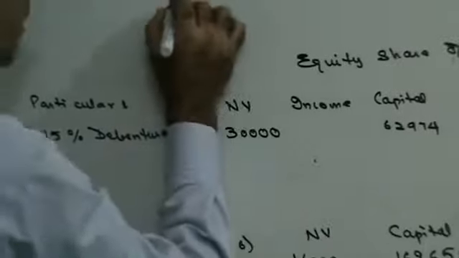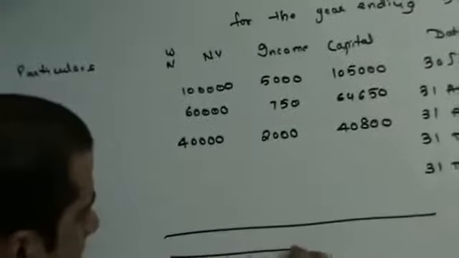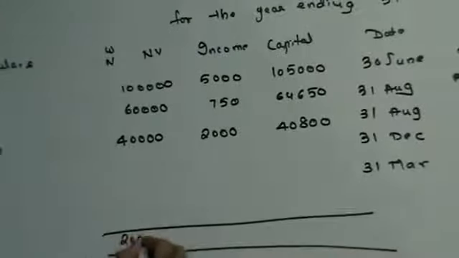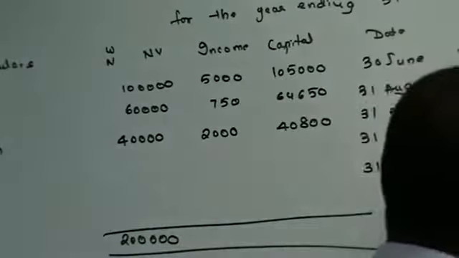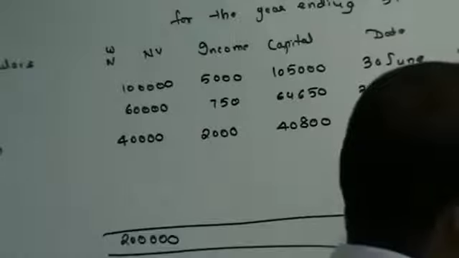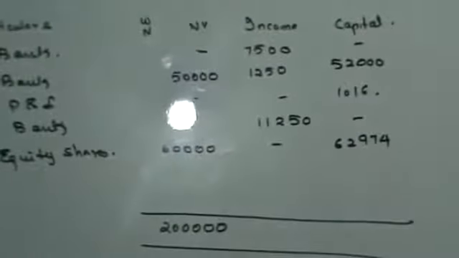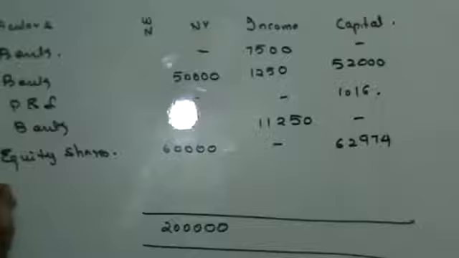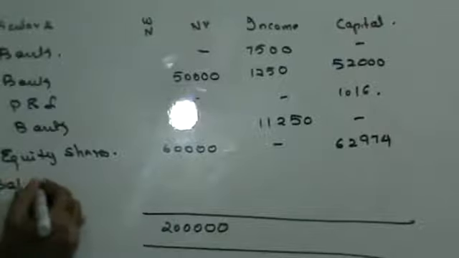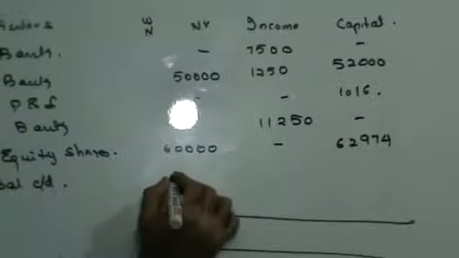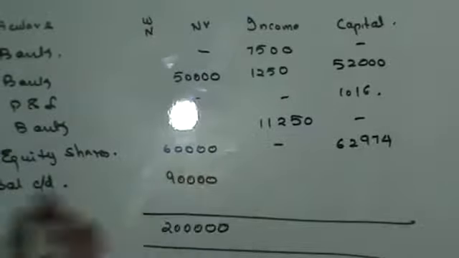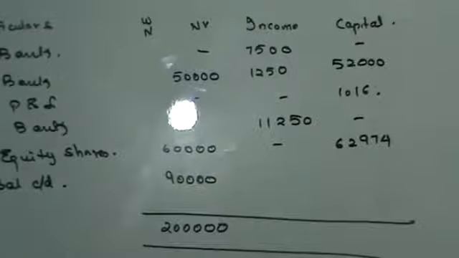Someone please help me tally this. This is 2 lakhs. This is 31st March, by balance carried out. How much is that? 90,000.